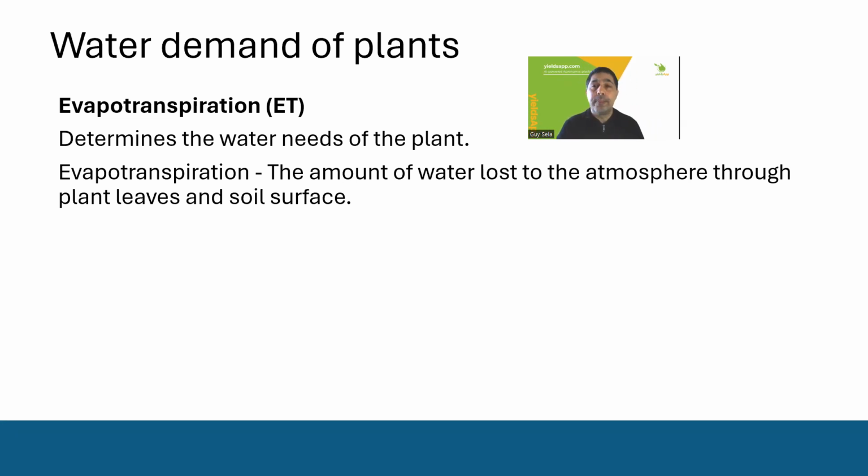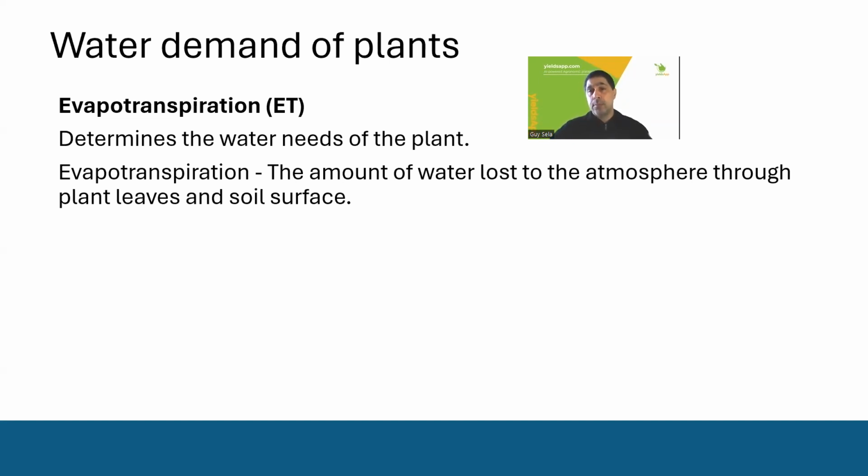Basically the water demand is determined by what we call evapotranspiration. Evapotranspiration is the amount of water that is lost to the atmosphere through plants' leaves and the soil surface.